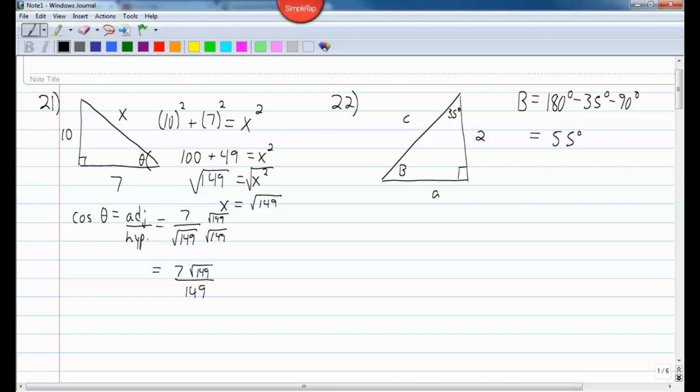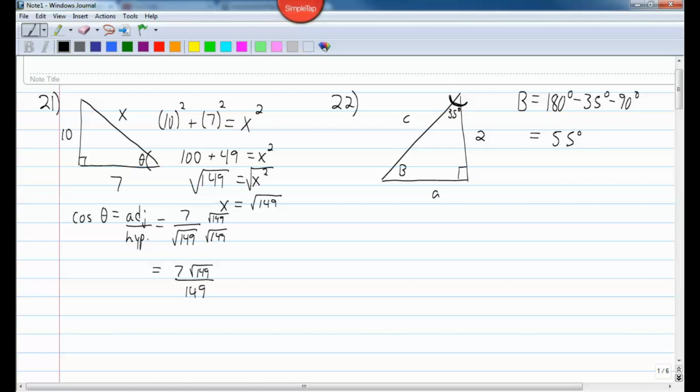Now let's use the given angle and the given side to solve for side A and side C. We could use angle B, but just in case we messed up finding angle B, it's better to use the things that are given in the problem. So this is the angle measure that we're going to use, and we can consider this to be our theta up here.